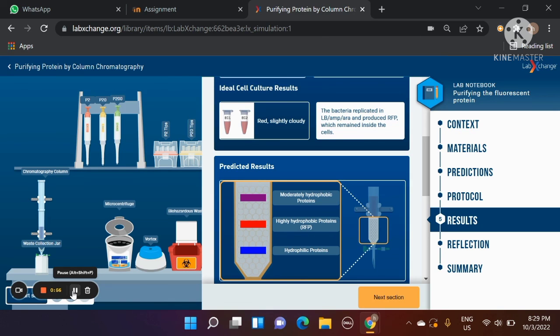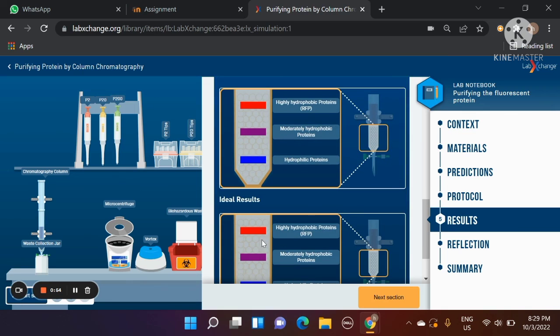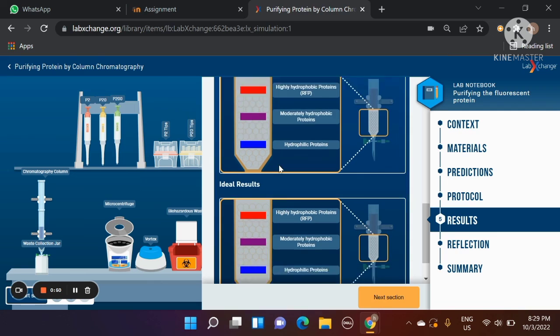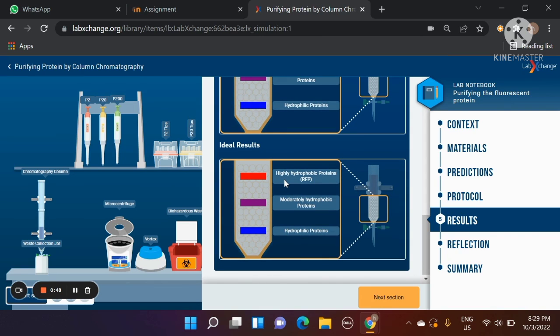And the predicted results are not the same as the ideal results. Ideal results, for most, the upper side is highly hydrophobic proteins. After that, the moderately hydrophobic proteins, and lastly we got the hydrophilic proteins.